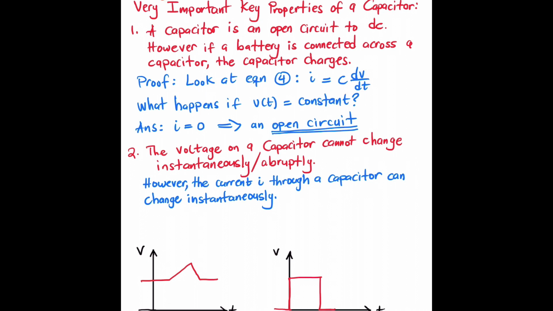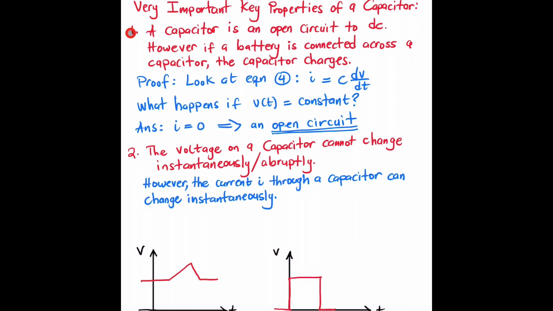And here, these are very key properties of a capacitor. Number one, a capacitor is an open circuit to DC. A capacitor is an open circuit to DC.